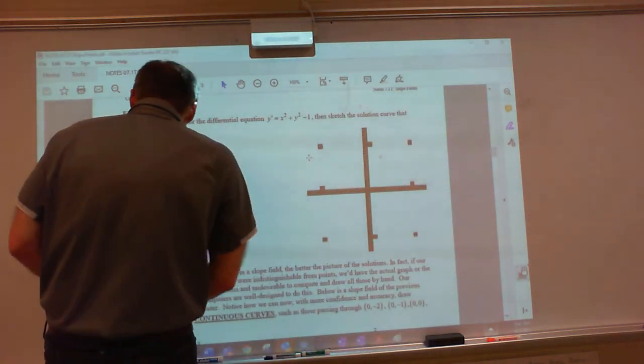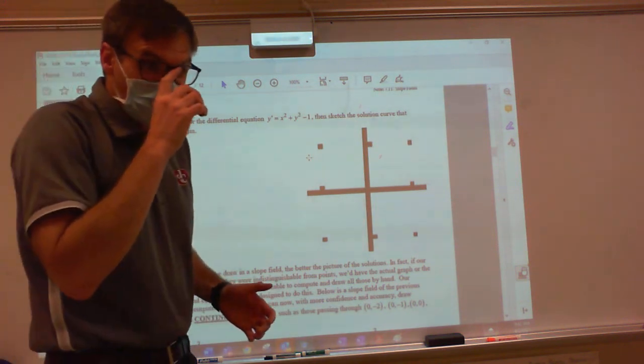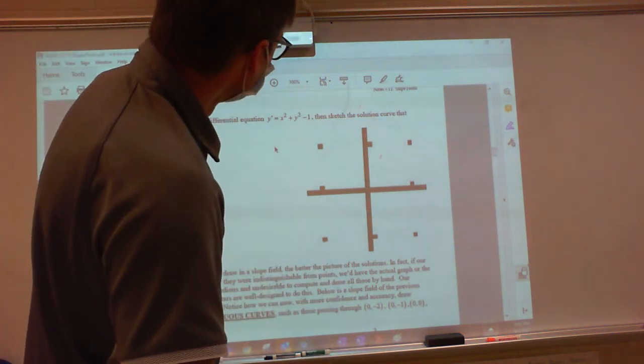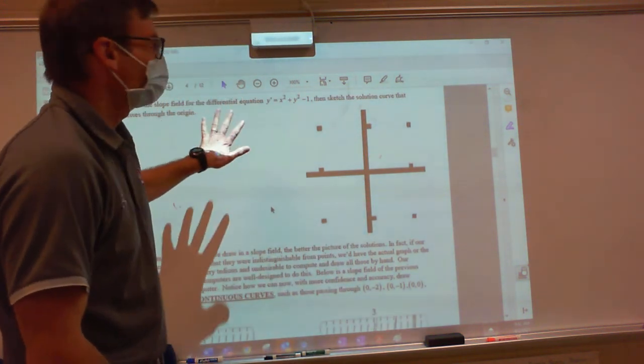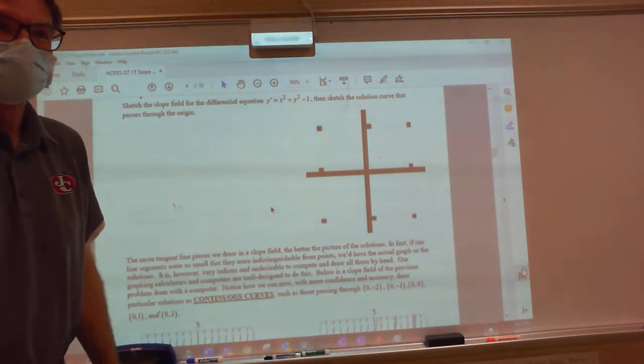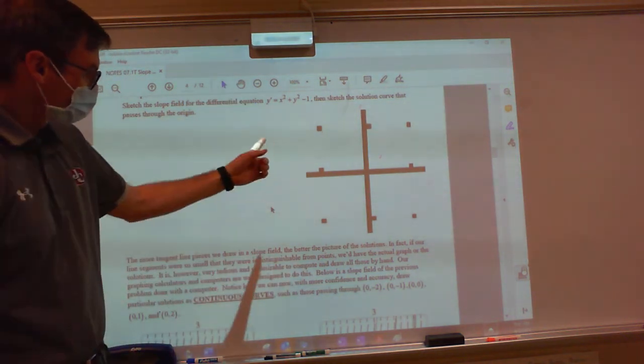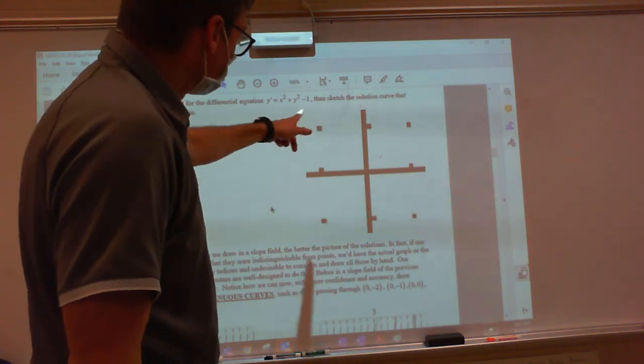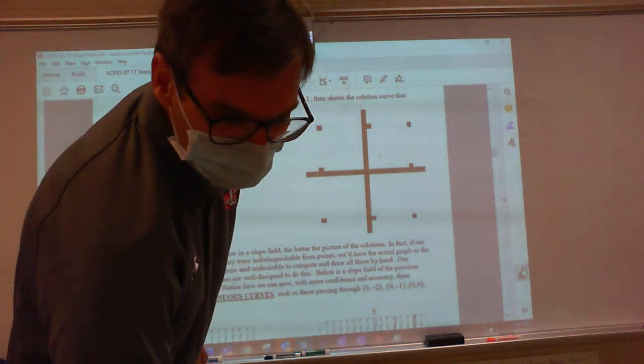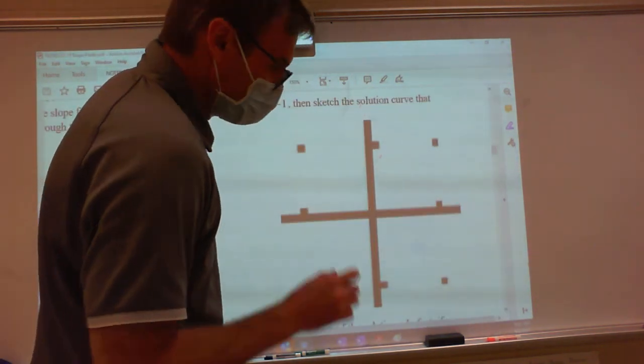Okay, now this is definitely more reasonable to construct a slope field. Right? So, everybody do that. In this one, construct your slope field. This one is small enough.